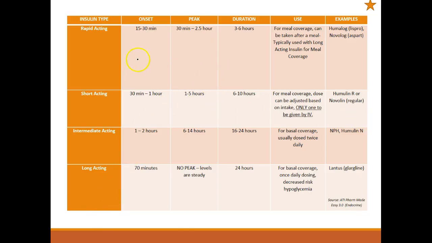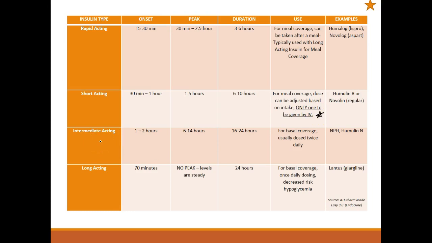Know your times, know your onsets, your peaks, and your durations. Know your uses and know the examples. I want you to know Humalog and Novolog. They're taken before a meal for meal coverage. Know your short-acting, Humulin or Novolin, which is regular insulin and the only one given by IV.